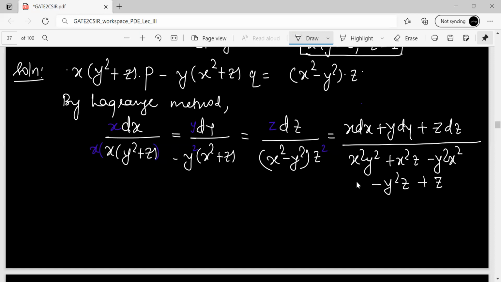Am I missing something? Because it should be x square minus y square.